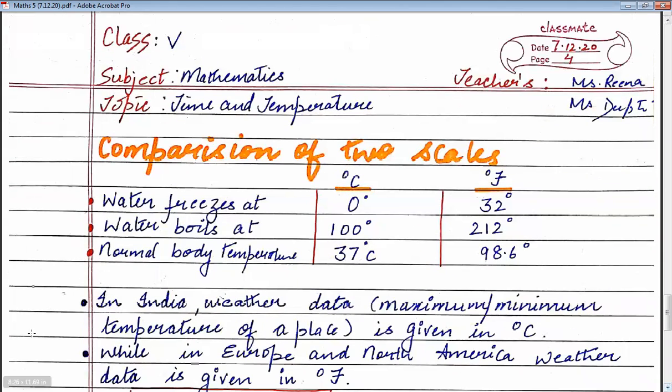Now let us discuss a few facts based on the thermometer. Children, water freezes at 0 degrees Celsius and water boils at 100 degrees Celsius.